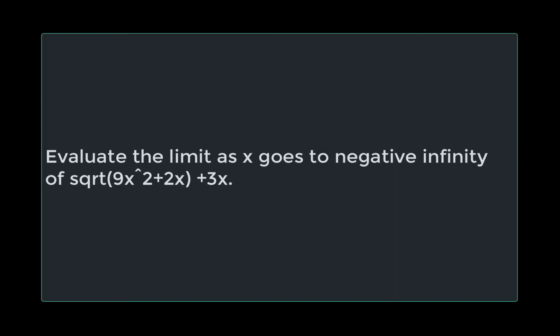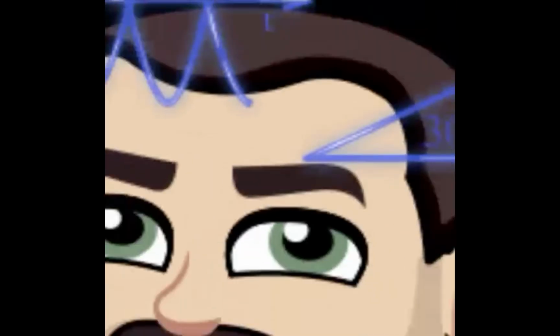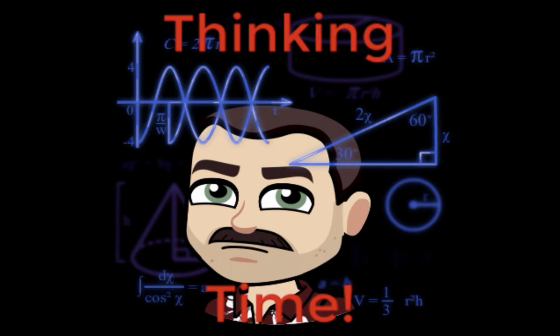The question we're working on today is, evaluate the limit as x goes to negative infinity of the square root of 9x squared plus 2x plus 3x. We can start this question by first writing it down.